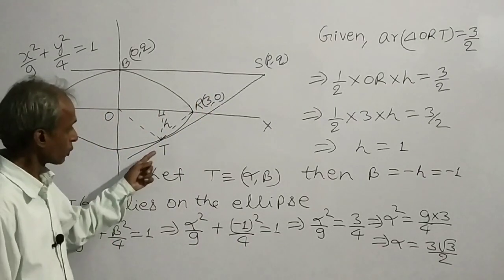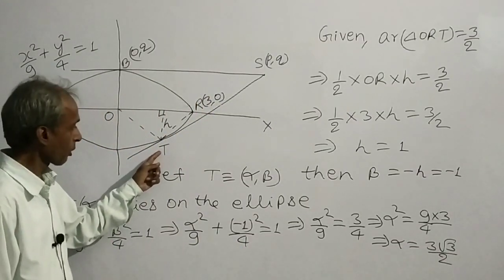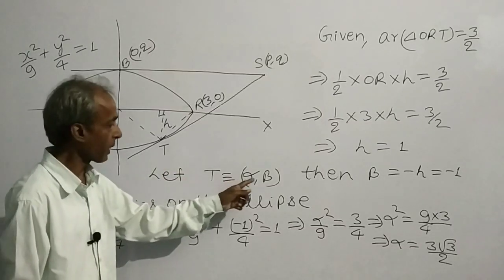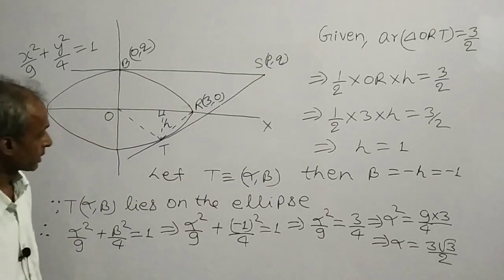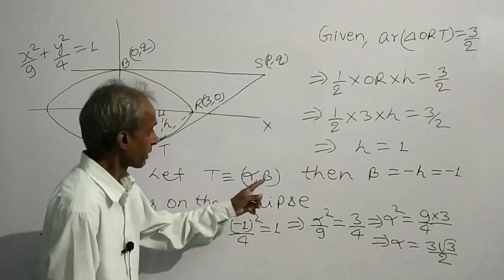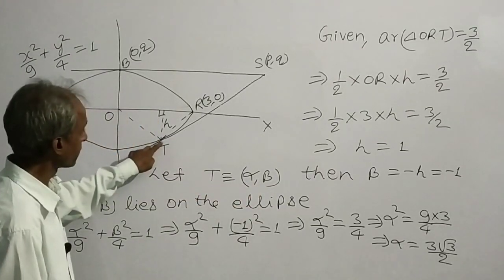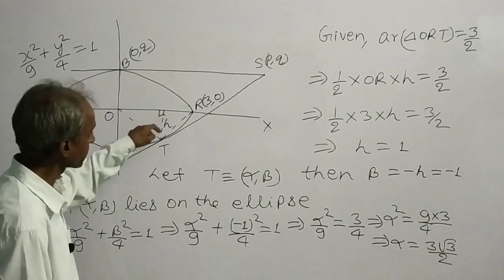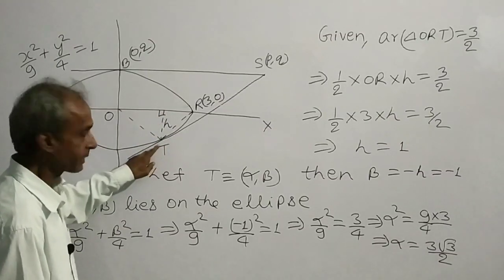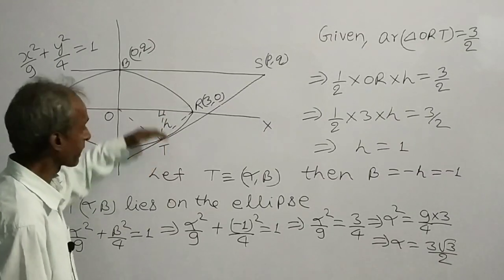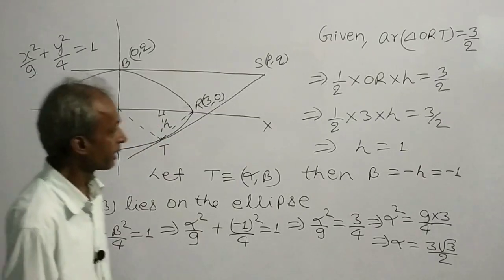Now we suppose coordinate of point T is alpha, beta. But beta, which is y coordinate of point T, will be equal to minus H because T point lies in 4th quadrant below x-axis.